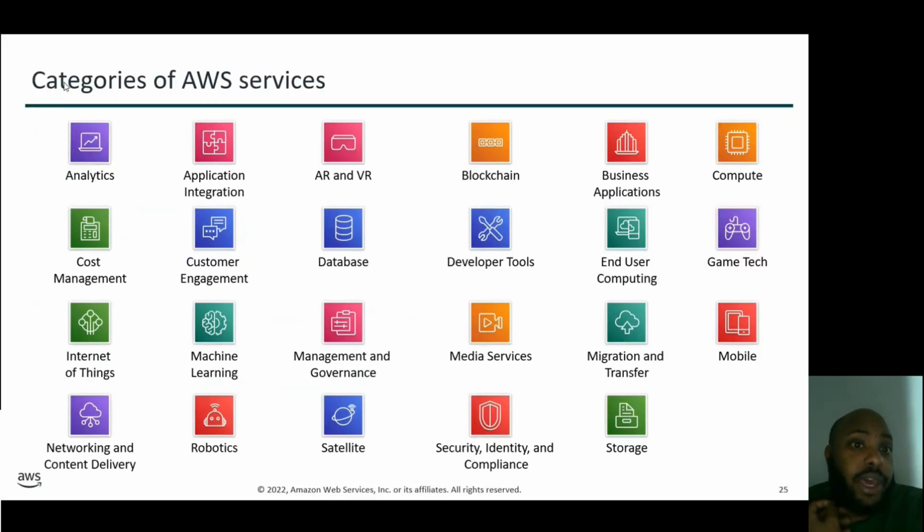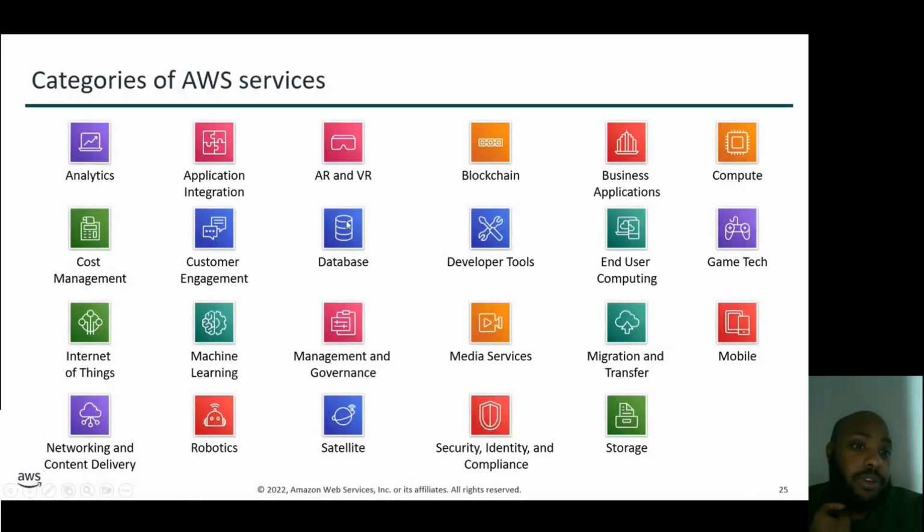Now, these are the different categories of these services. AWS has more than 230 services, but they all fall under different categories. We talked about the ones in compute. We talked about the ones in storage. We talked about IAM, which falls under security.